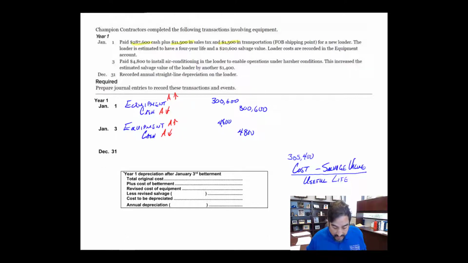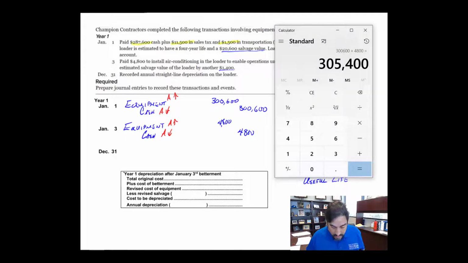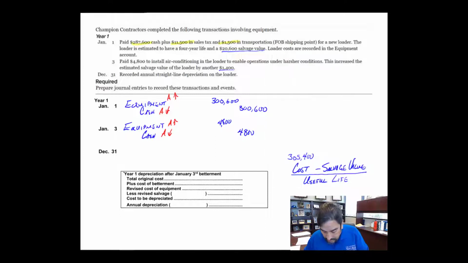And salvage value was given here, but on the third, that betterment that we made increased the salvage value. So 20,600 plus 1,400, 22,000.